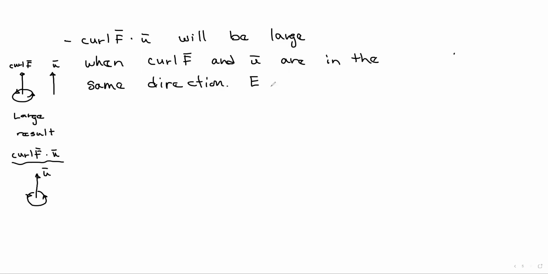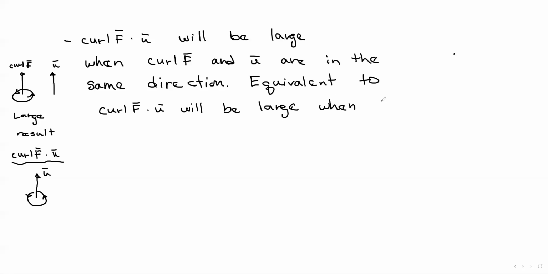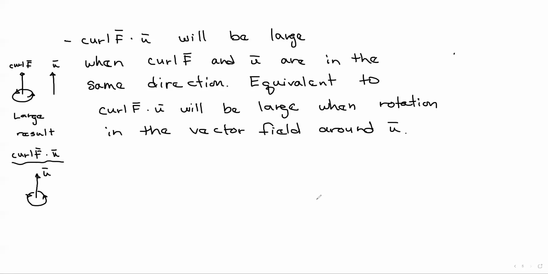It says, if you do go through and do that, this would be equivalent to: curl of f dot u will be large when there's rotation in the vector field around u, around vector u.